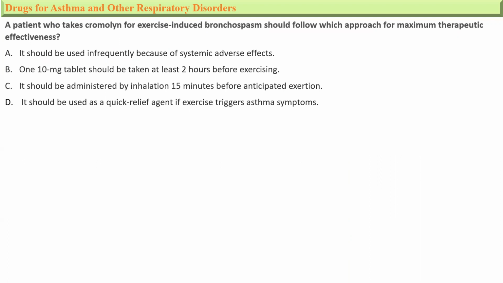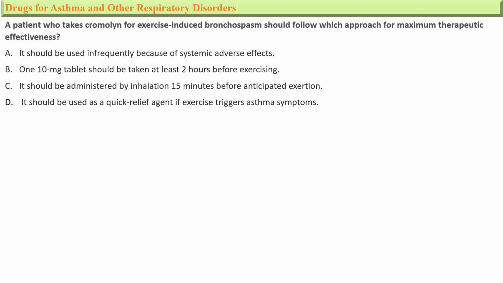A patient who takes cromolyn for exercise-induced bronchospasm should follow which approach for maximum therapeutic effectiveness? It should be administered by inhalation 15 minutes before anticipated exertion. Cromolyn suppresses inflammation through inhibition of histamine release, so it must be administered at least 15 minutes before exertion to prevent exercise-induced bronchospasm.